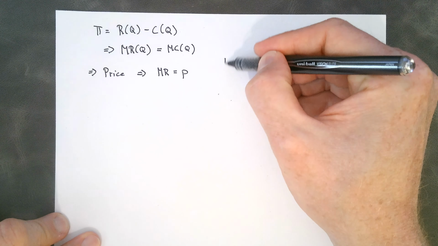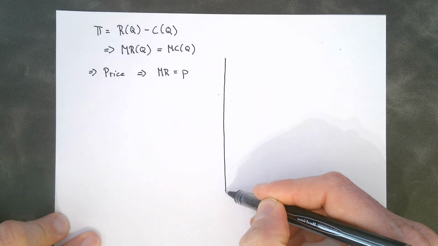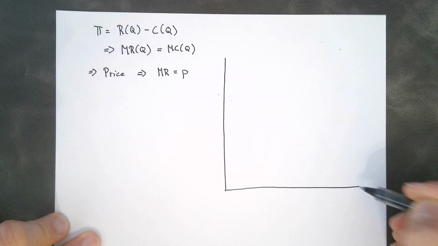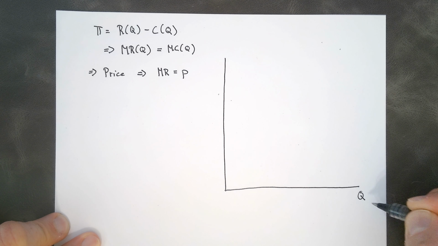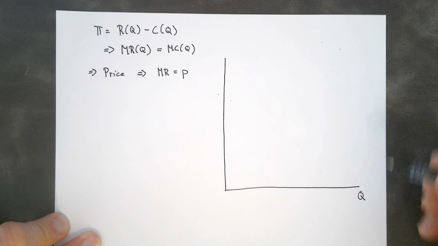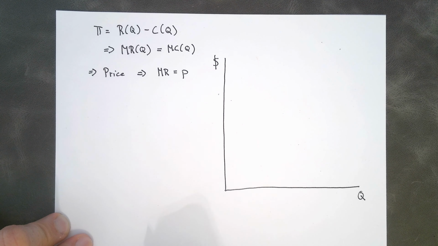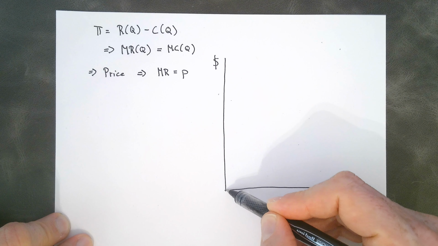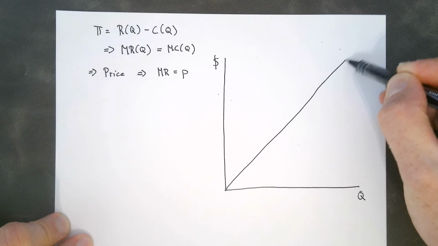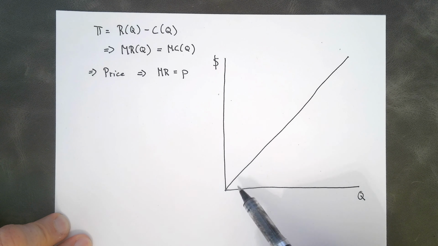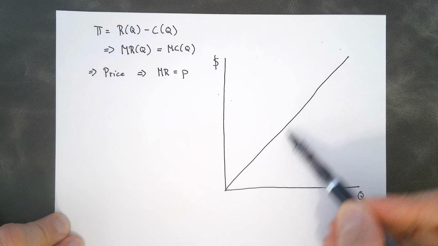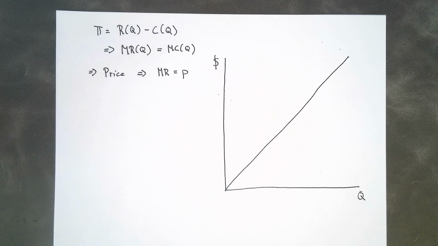If we show this in a graph, where we have output quantity on the horizontal axis and dollars on the vertical axis, then the revenue is simply increasing, and note that the slope of this line is equal to the price.